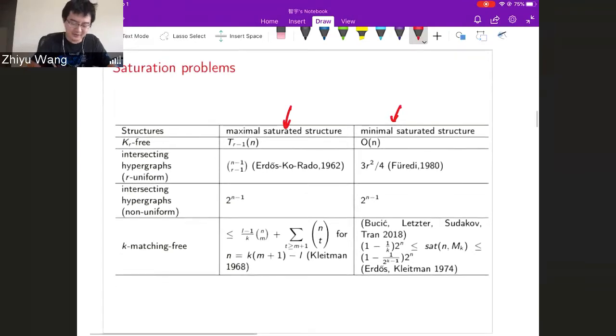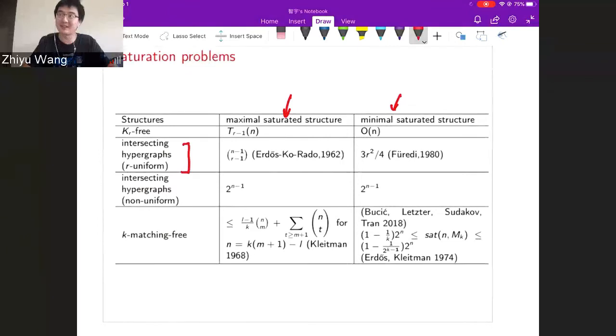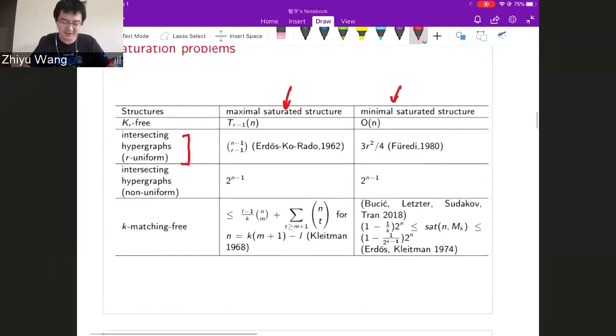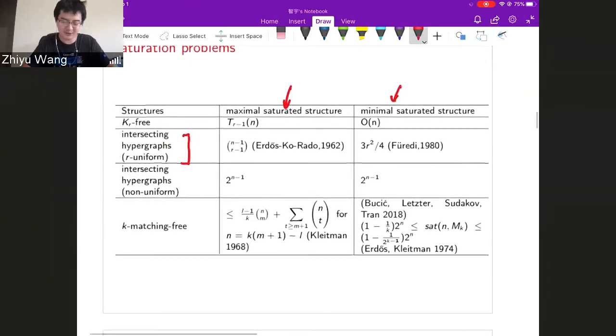If we look at r-uniform hypergraphs, and the property we want to preserve is that all hyperedges are pairwise intersecting, then the extremal structure is exactly the Erdős-Ko-Rado theorem.